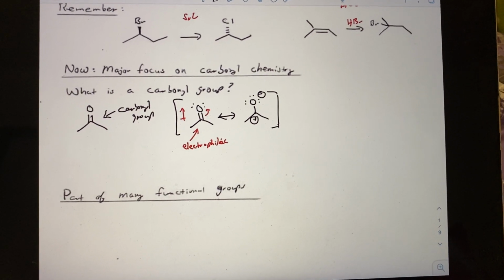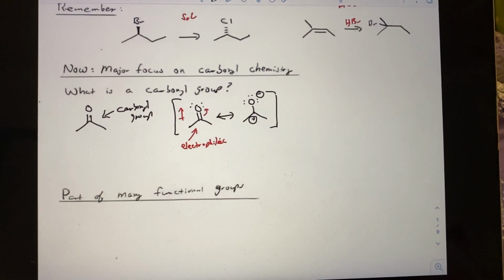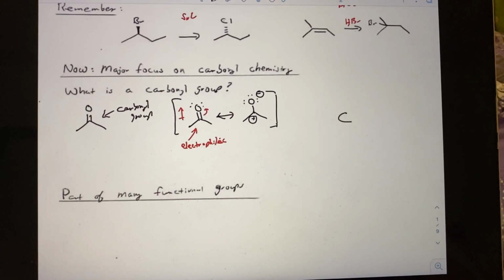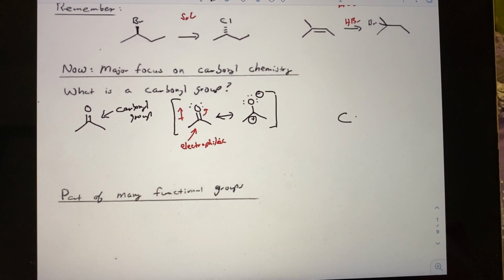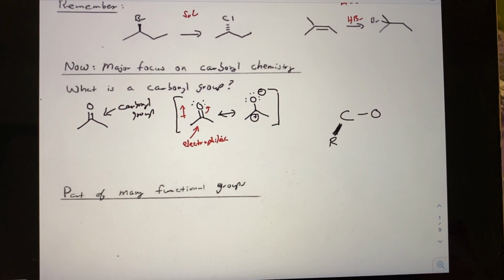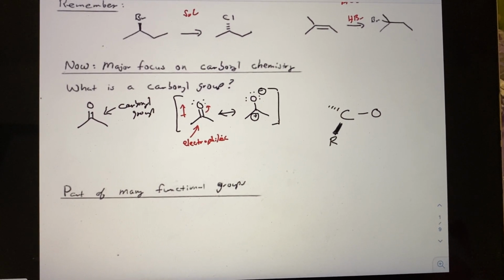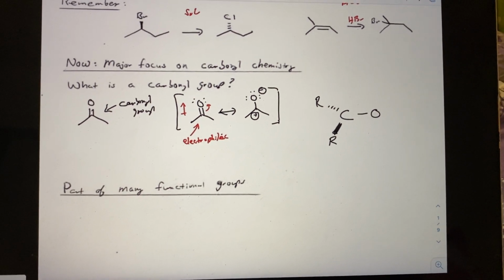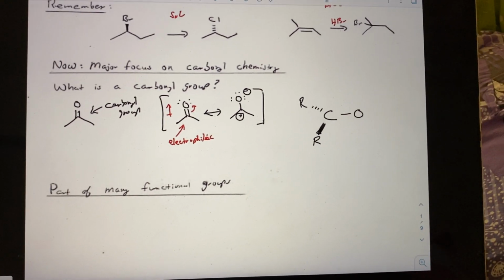And while we're at it, to help even show this a little bit more, let's think about the structure of this generic carbonyl group here. We'll turn it on its side. So we have a carbon, an oxygen. Let's have an R group coming off here. Another R group going into the back. And then notice we have the double bond that's represented by the left structure of our resonance structure.